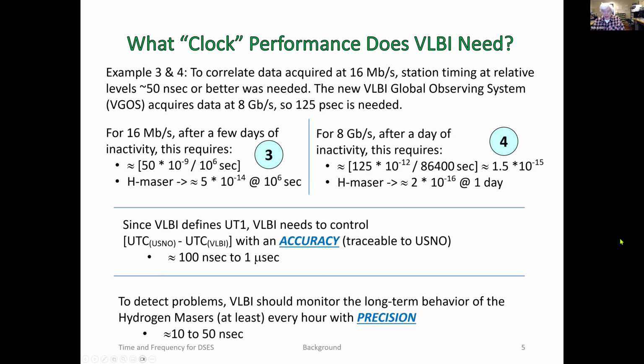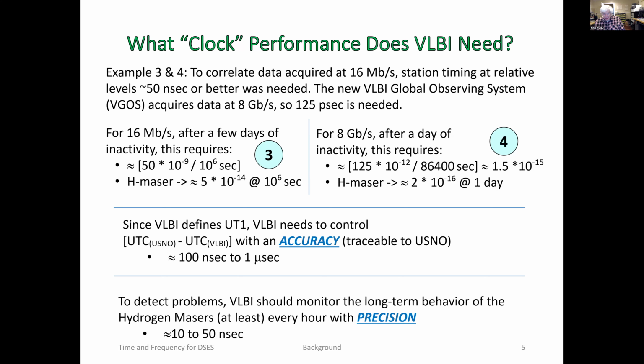There's also the issue of time. In the case of VLBI, VLBI actually is the first order definition of UT1, which is one of the time standards of the world. And it is required to have accuracy, not just precision, that's around better than a microsecond in absolute recognition of what time is it.